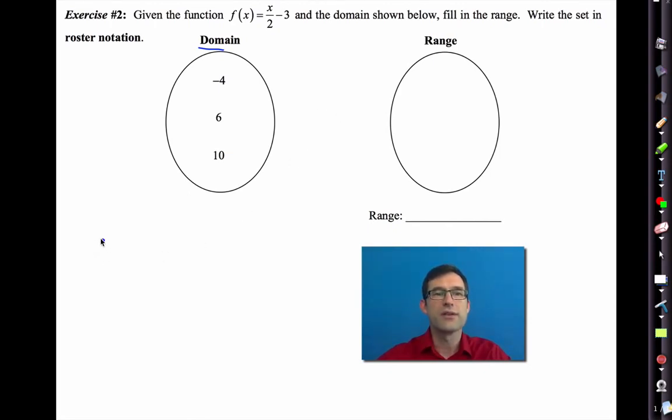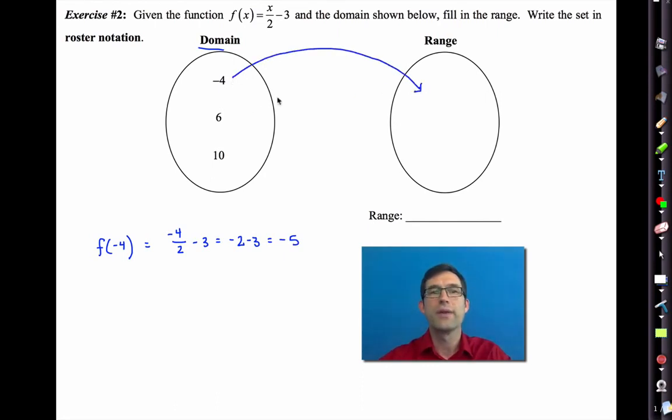So we can do some calculations down here. Let's actually figure out what f of negative 4 is. My function rule tells me to take the input and divide by 2, and then subtract 3. So that's going to be negative 2 minus 3, which is going to be negative 5. That's typically shown in one of these diagrams by drawing an arrow and showing that negative 4 ends up going to negative 5.